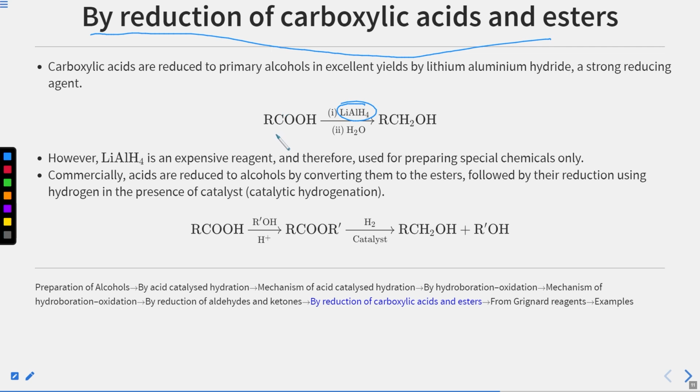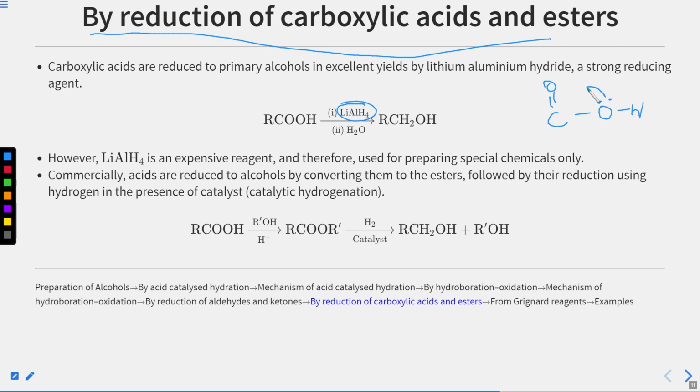This reduction is simply an attack of H minus, our nucleophile, on the carbonyl center, where the carbon attached to the double-bonded oxygen carries a positive charge, so it will be an electrophile. So it is an attack of a nucleophile on an electrophile. Now since this kind of bond is formed in the case of carboxylic acid.